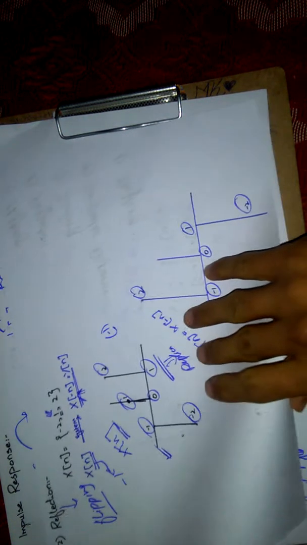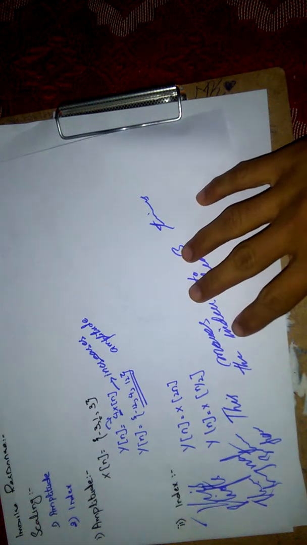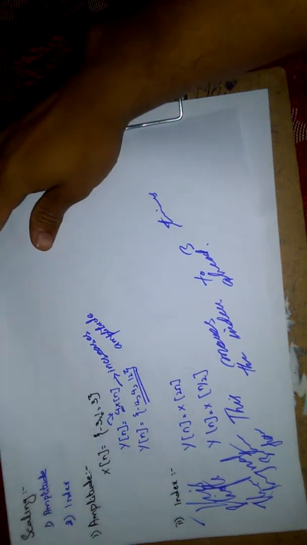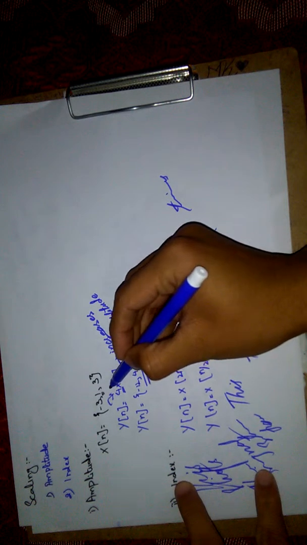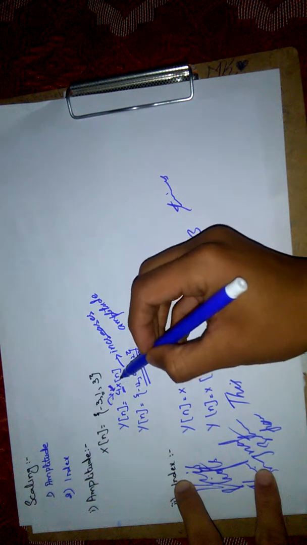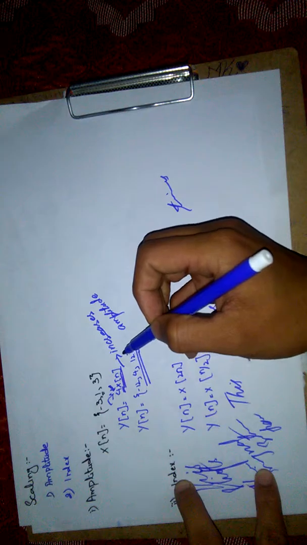Now the third operation, which is scaling. In scaling we have two types: amplitude scaling and index scaling. In amplitude scaling it increases the amplitude by the number we multiply with x of n.